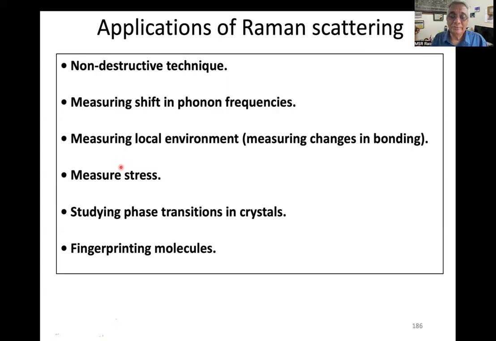External strain comes from hydrostatic pressure, and both processes can cause strain in the material. And when a material is strained, you suddenly see changes in the bond angles and bond distances, and all that information can be easily captured using this very simple and versatile technique. You can also study phase transitions in crystals, and fingerprinting of molecules and materials, which I've already mentioned.